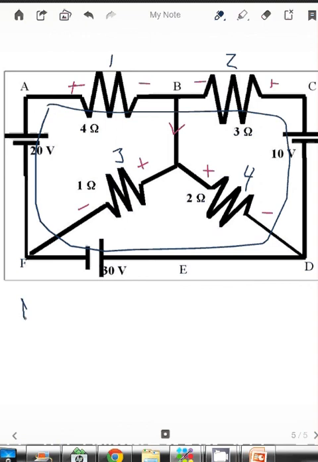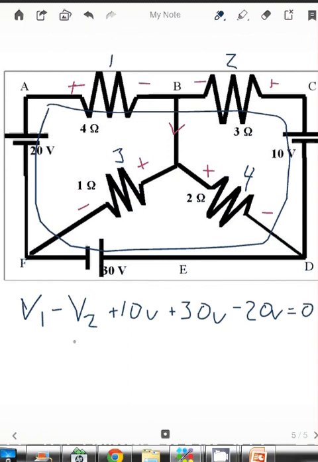Plus the voltage of 1, because I hit the plus of that one, minus the voltage of 2, because I'm hitting the negative side of that one. Hitting the plus side of the battery there, so plus 10 volts. I'm hitting the plus side of the other battery, plus 30 volts. And then I'm hitting the minus side of the third battery, minus 20 volts, equals 0.